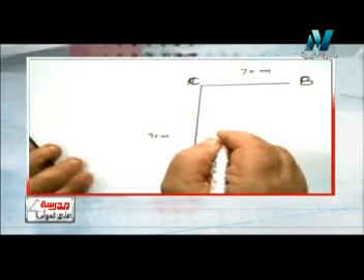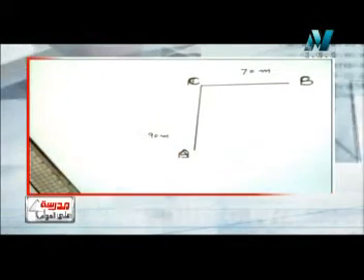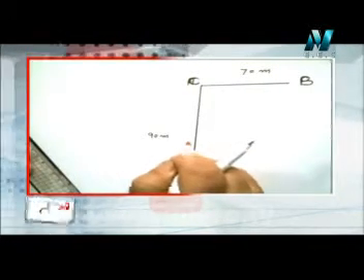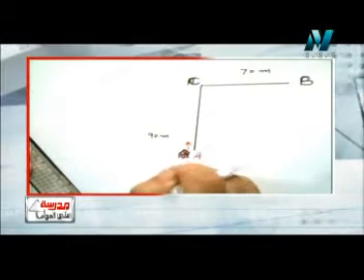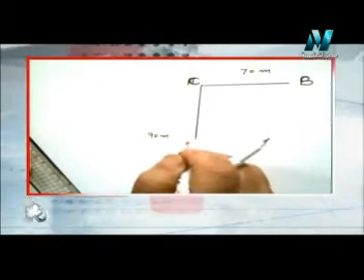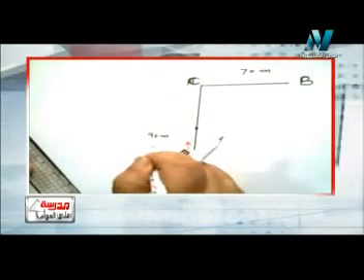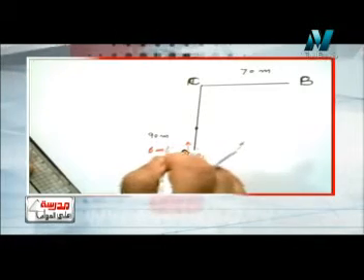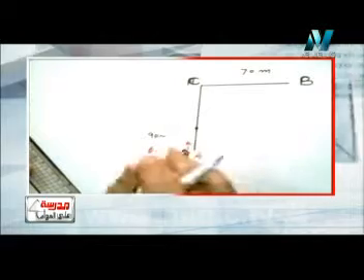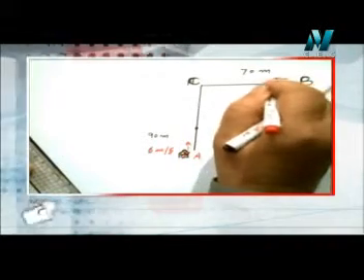A man walks from A towards C in this direction, with uniform velocity 6 meters per second, and a second man from B towards C with uniform velocity 8 meters per second.